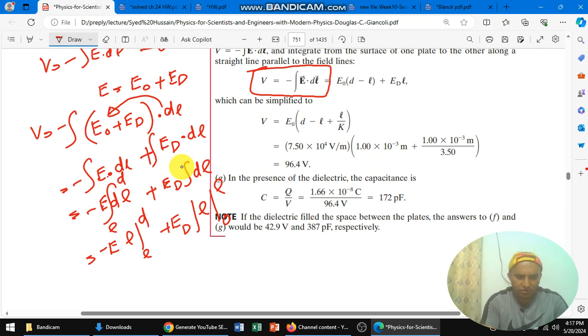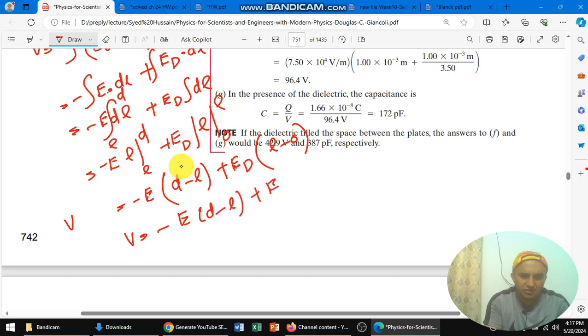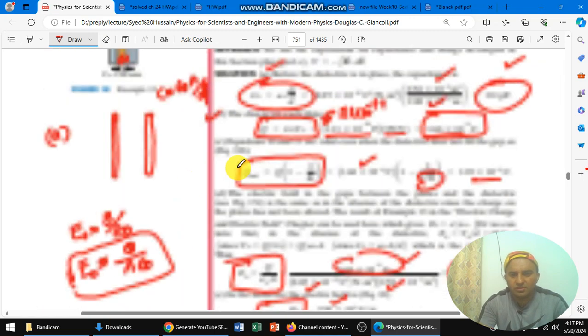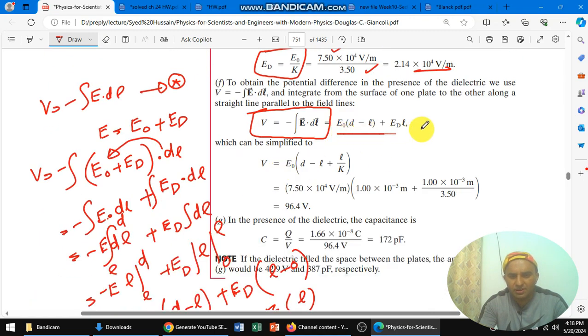So we can write minus E naught times (d minus l) plus E_D times (l minus 0). So V is equal to minus E naught (d minus l) plus E_D times length l. This is the formula that we need.